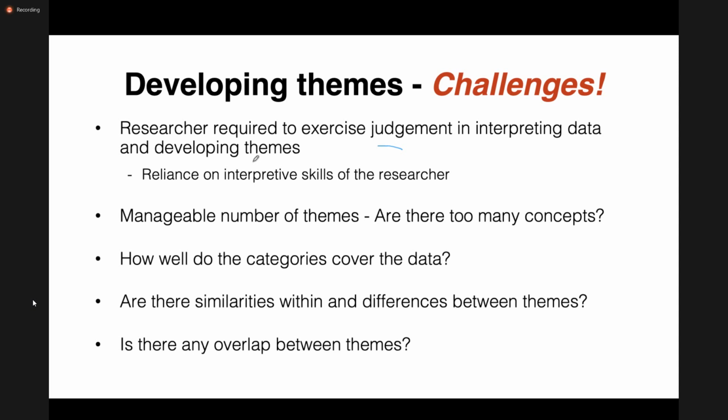So we are using our judgment. And in developing these themes, categories also, we have to use our judgment and how we interpret the data. So we have to be very careful that we correctly interpret the ideas that our respondents have mentioned. And we don't wrongly interpret something.